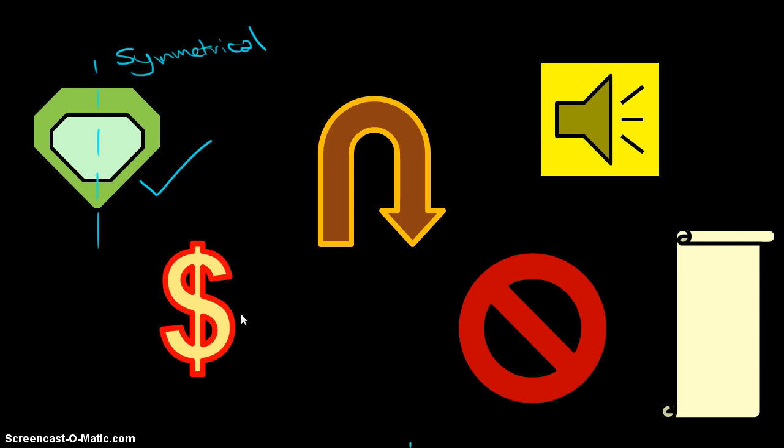Alright, is this symmetrical? You have to test it. Whenever you have a question, you have to test it. You cannot assume, oh, it looks like it has a line of symmetry just because if I draw a line here, it gives me a line of symmetry. No, that's not how you check. If you really want to check, you have to draw the actual line on the figure.